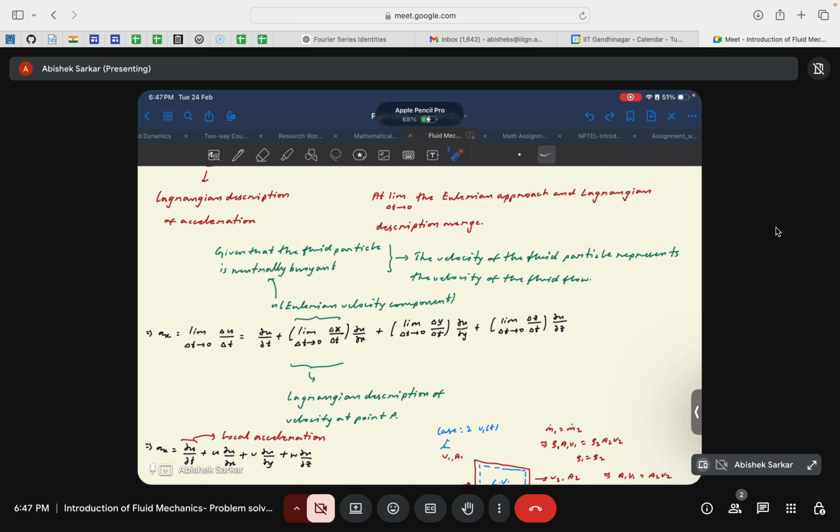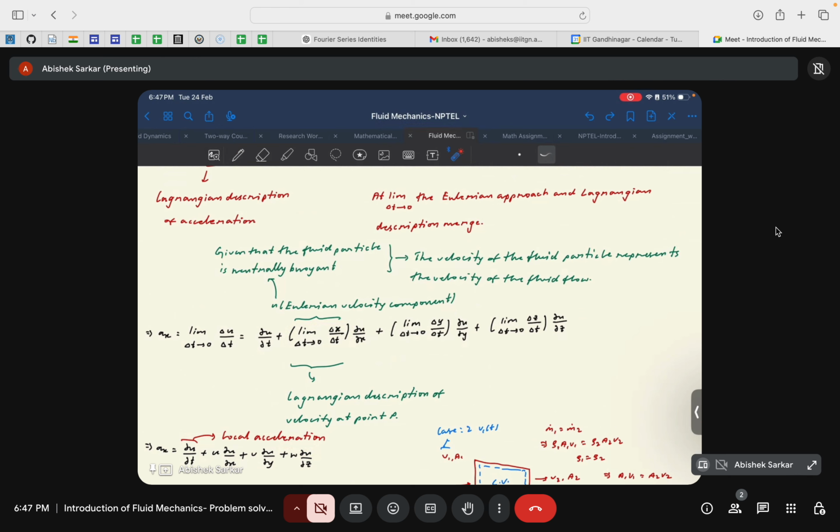Conceptually we can visualize it like this: when delta t tends to 0, the velocity field at any particular location in the flow domain at a particular instant of time becomes equal to the velocity of the particle at that particular location and at that particular instant of time.